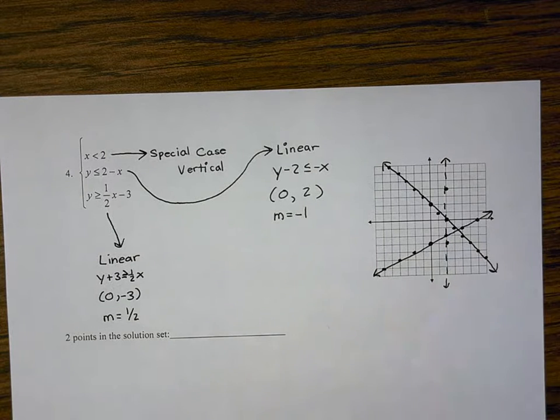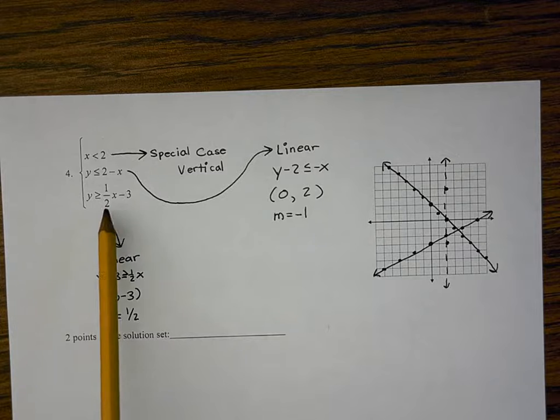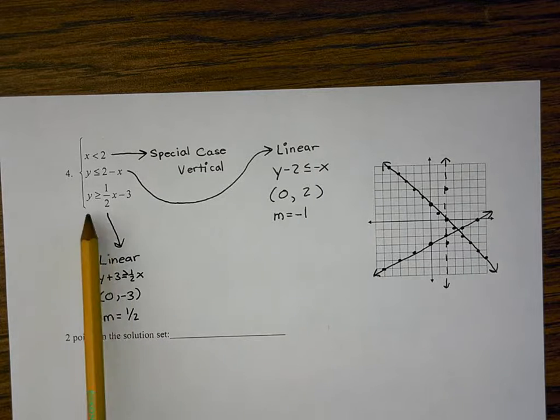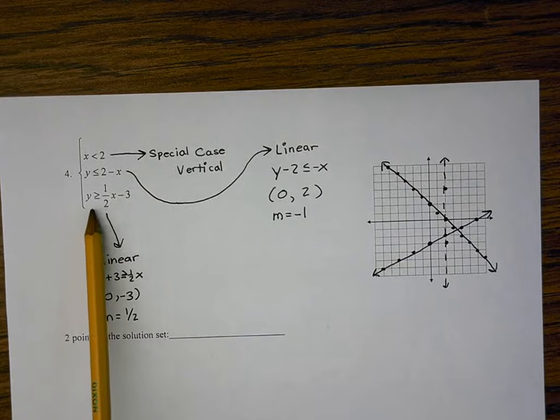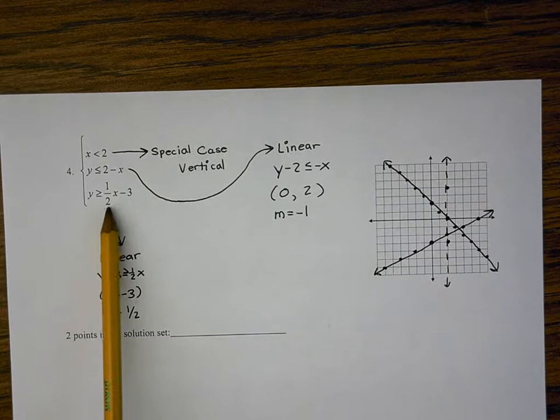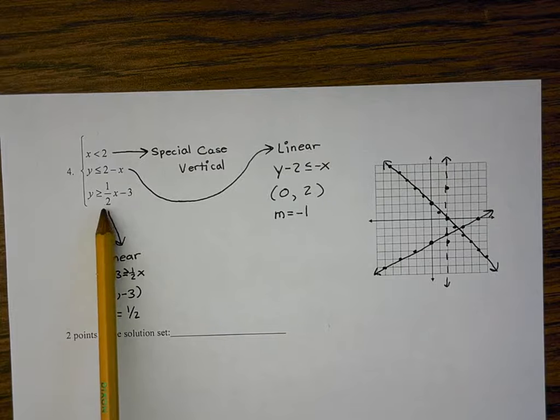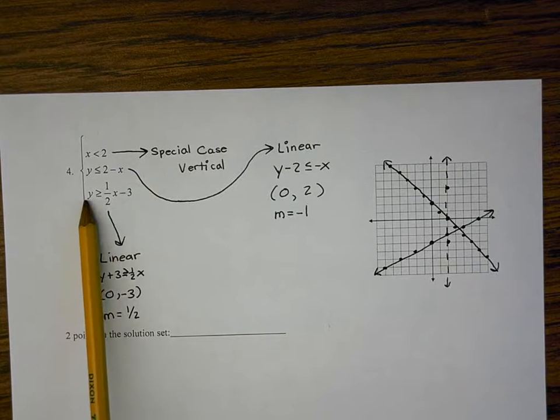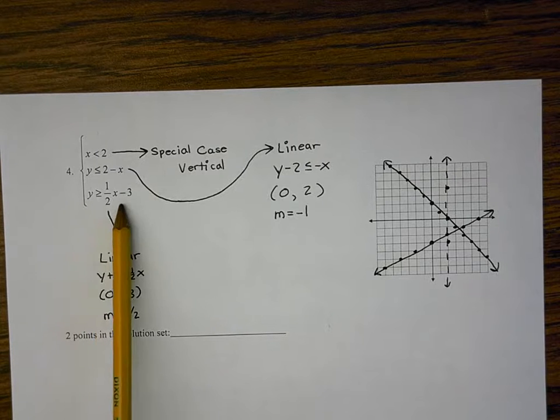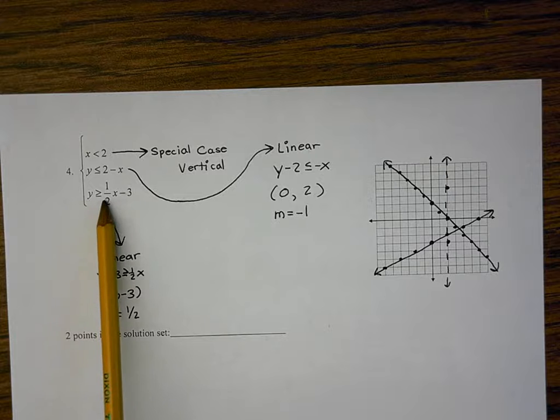Okay, now for our shaded region, the final piece here. We have 3 functions we have to consider. So let's start. I'm actually going to start with the bottom one for this one. I'm going to end with the x is less than 2. Okay, so starting with the bottom one. Where am I shading with relation to this function? Okay, well here my y is greater than my linear, so my y is going to be above my linear.